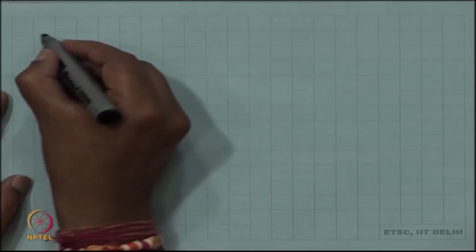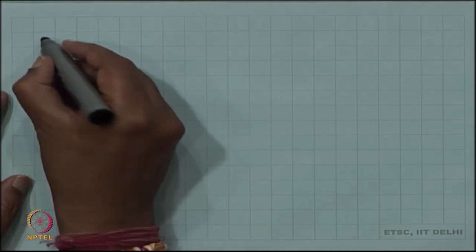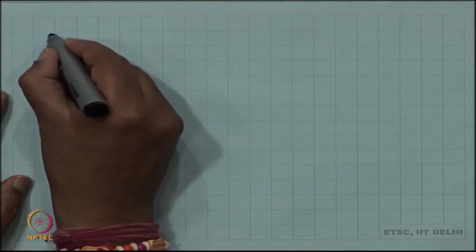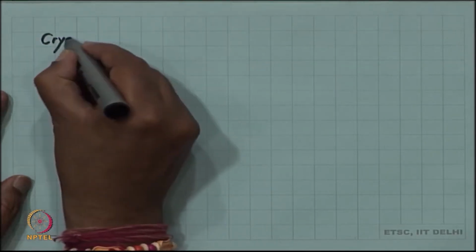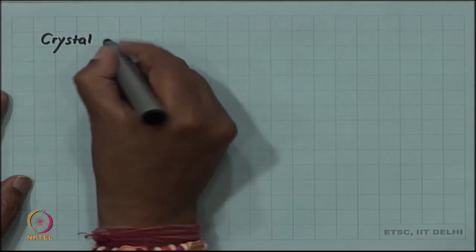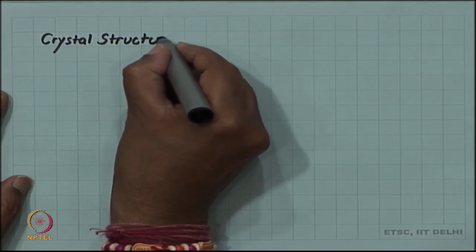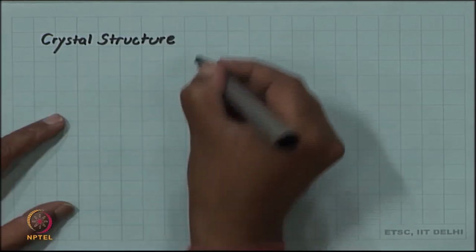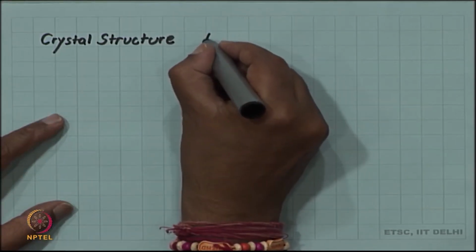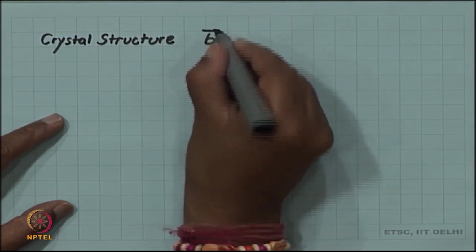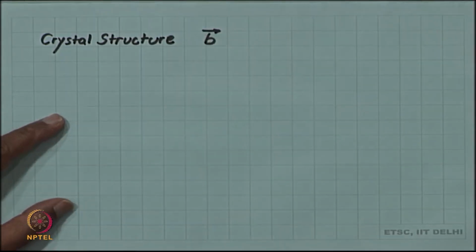Now, let us look at different structures. So, let us write here the crystal structure and the corresponding B vector.